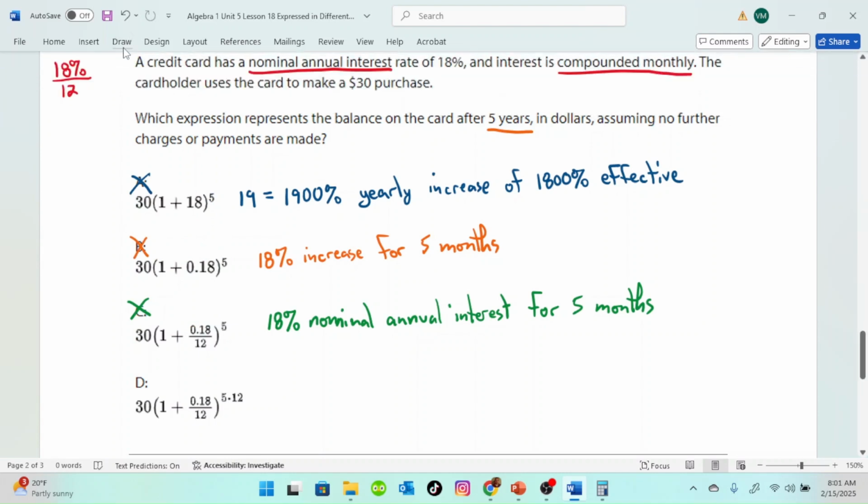D is the one that does it correctly. Here, they take the 18%, they divide it by the 12 months so that we get 18% nominal annual interest.